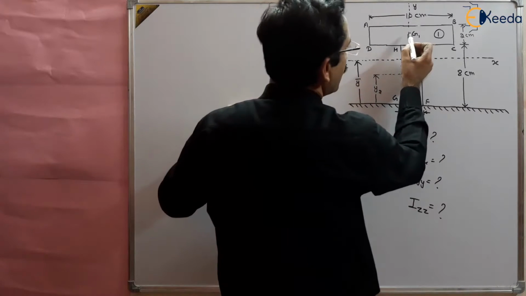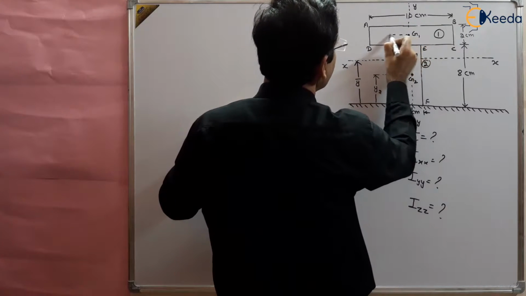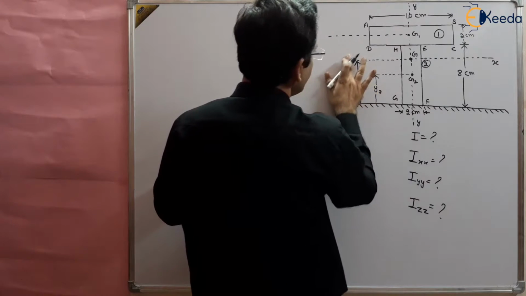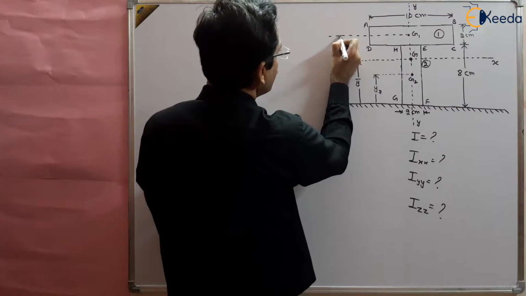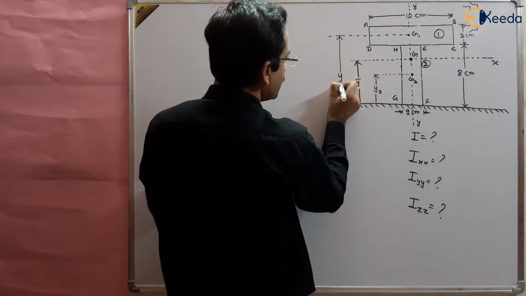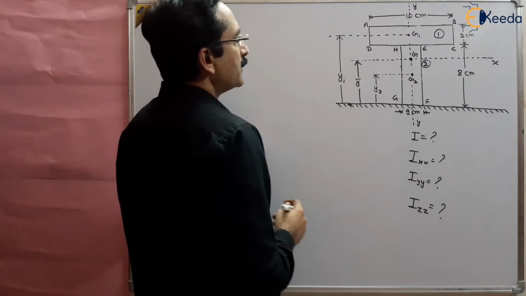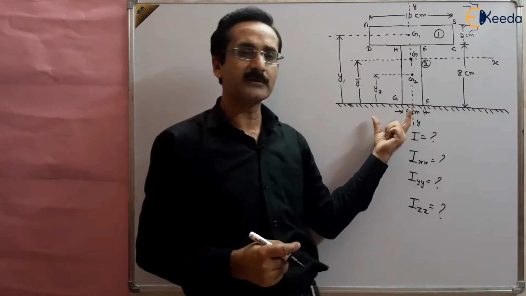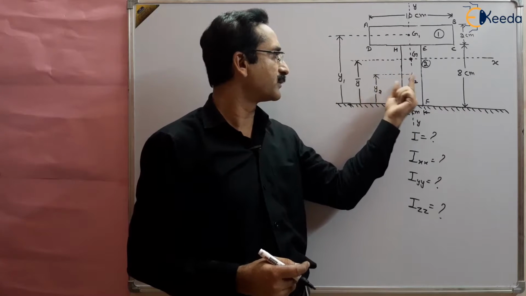And this is the centroid of section 1, so this is y1, right?